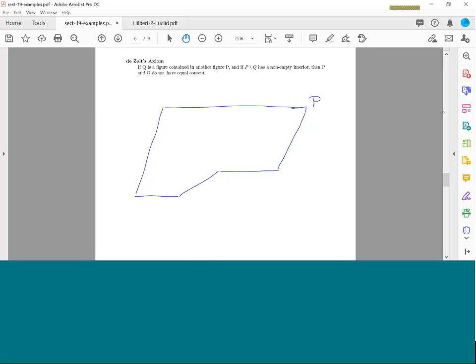And Q is supposed to be completely inside of P. So maybe Q shares the same side as P for a little while. And now I got too lazy to keep doing that. I'm trying to highlight where Q is. So maybe Q looks like a quadrilateral. So here's Q. So that would be the orientation of these 2 guys. So Q is a figure contained in another figure where P is a bigger figure.